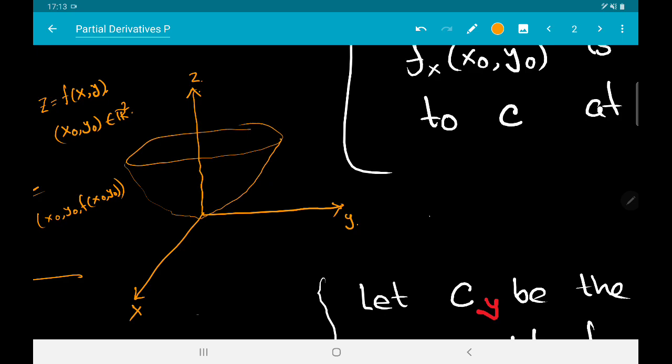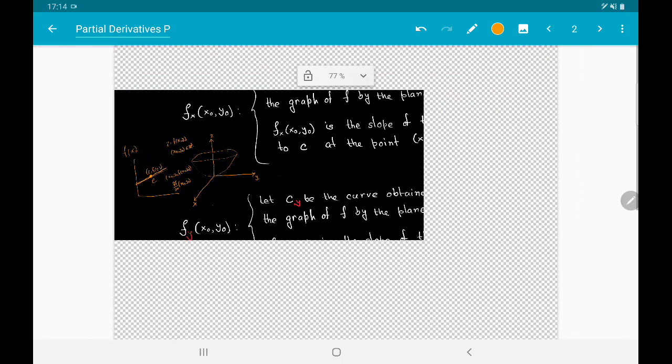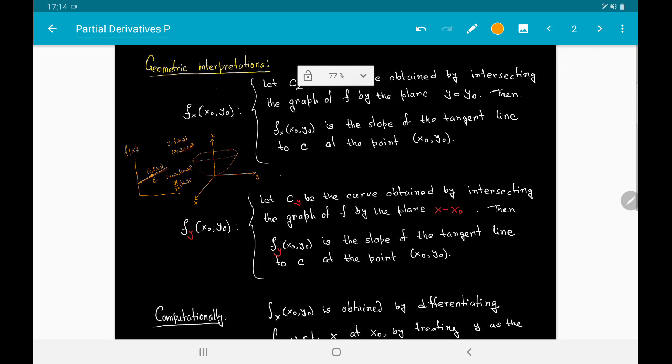And suppose we are going to talk about del f del x at the point x0, y0. What we do is the following. Suppose we are considering f_x at x0, y0.